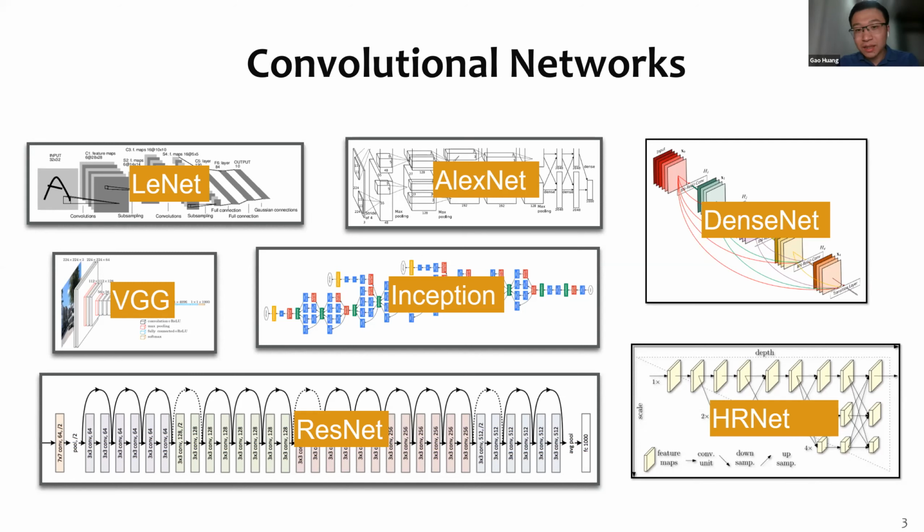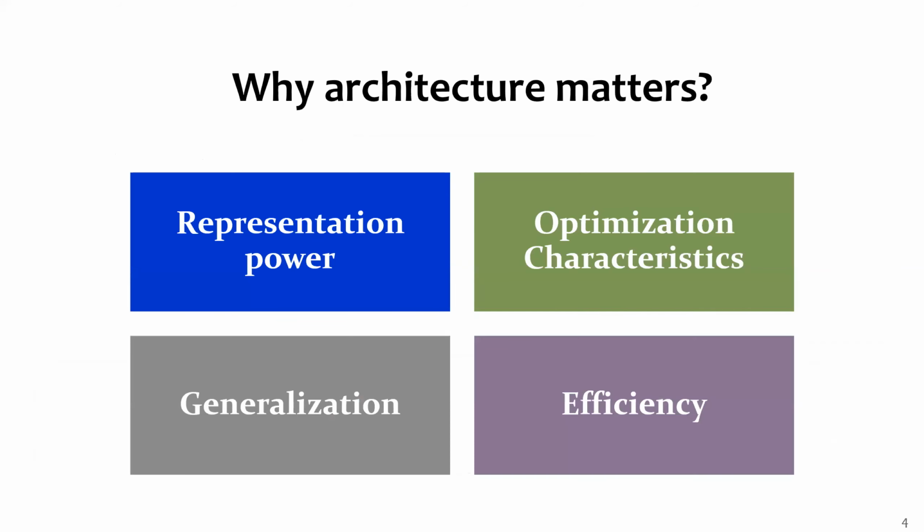So these are some of the typical convolutional networks developed in the past decade, and of course these architectures are pushing forward the research on deep learning, and this slide basically summarizes why the architecture design in deep learning matters.